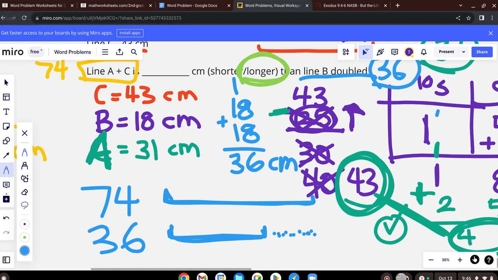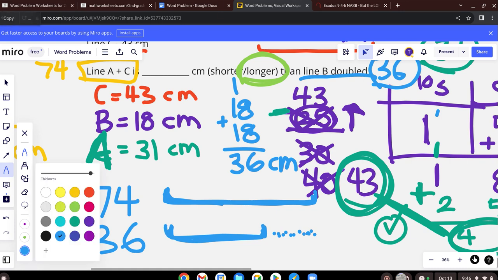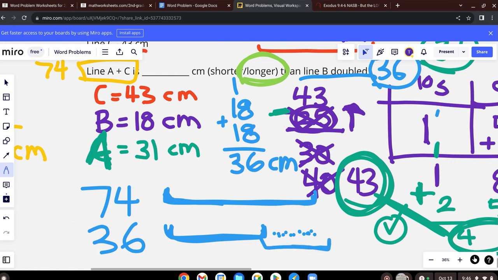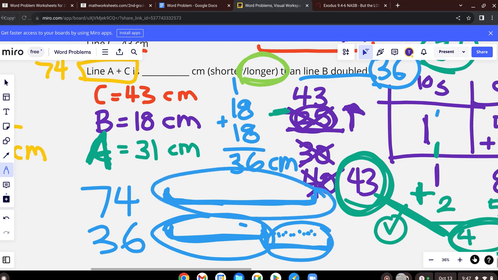Think about this. This is the long length. This is one part. This missing part is another part. So this part plus this part have to equal this part.